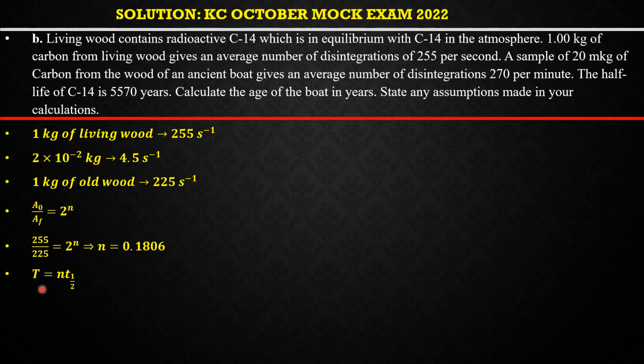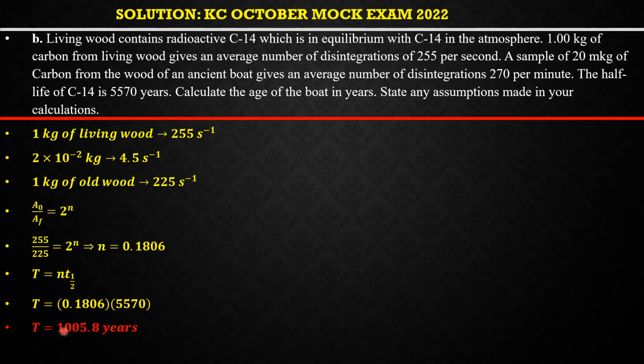So we actually now have our T to be, of course, n t half. So these two equations are always used in tandem, and they are very, very crucial for radioactivity. So T equals n t half, and our n is this, our t half is this.